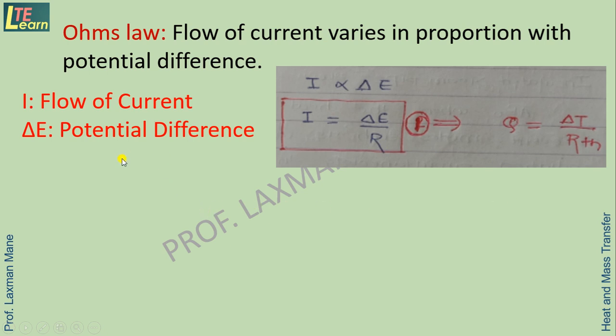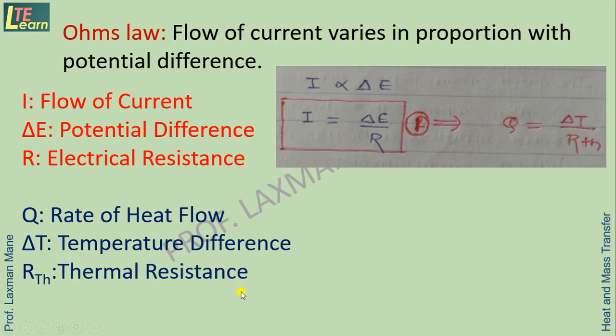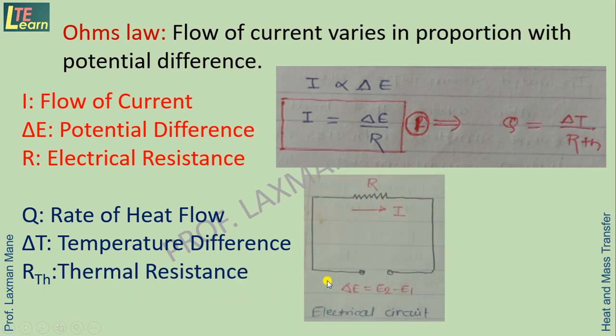So for electrical system, these are the parameters: I is the flow of current, delta E is the potential difference, and R is electrical resistance. For thermal system, these are the parameters: Q is the rate of flow, delta T is the temperature difference, and RTH is the thermal resistance. This is an electrical circuit. We can see the current flowing through this circuit. This is the potential difference between the two points, or voltage difference E2 minus E1.